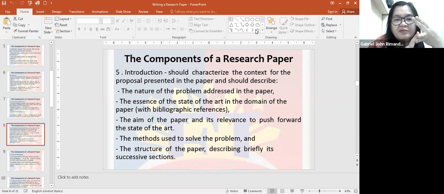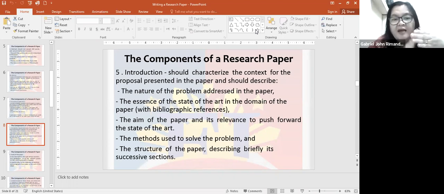And then the next one would be how you go about the discussion or the methodology. It's like you are giving a bird's eye view of your research. And then the next one, aside from the methods, you have to put for the discussion part, what the readers of your research work will be expecting from your work.